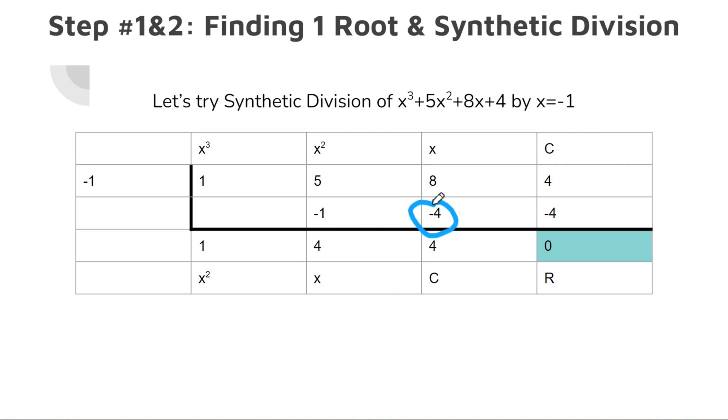So then you're going to put it here. 8 plus negative 4 is 4. Then you're going to do 4 times the root negative 1, which is negative 4, and you see that there is a remainder of 0.